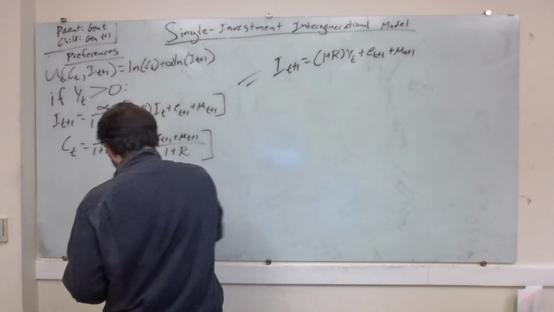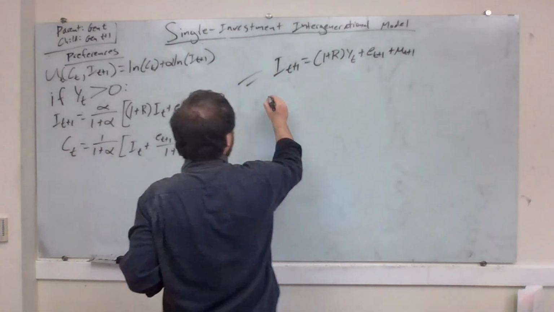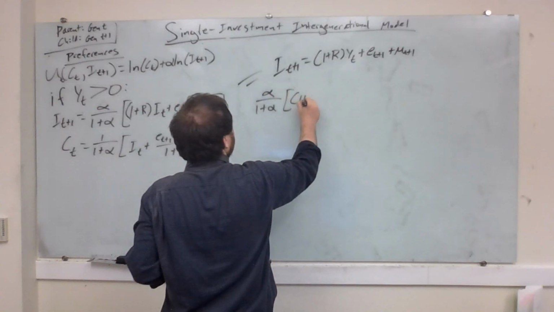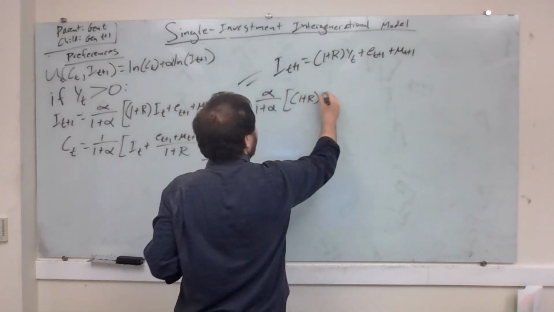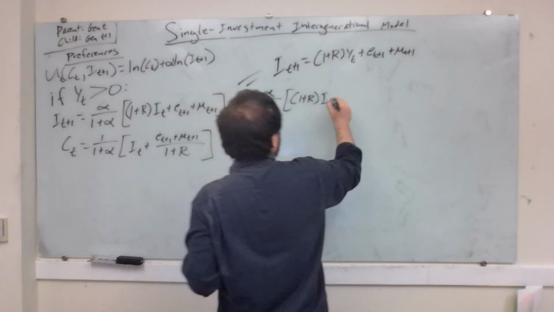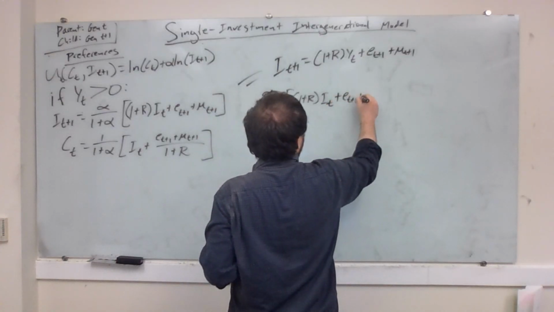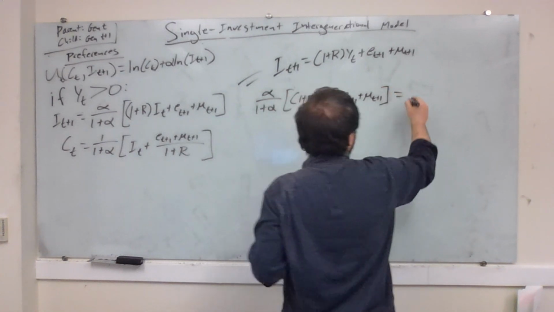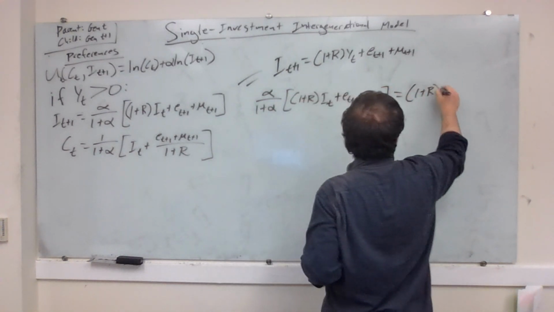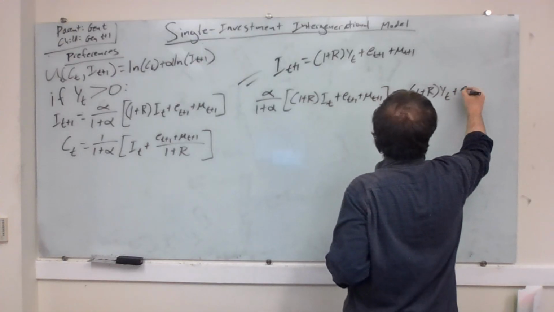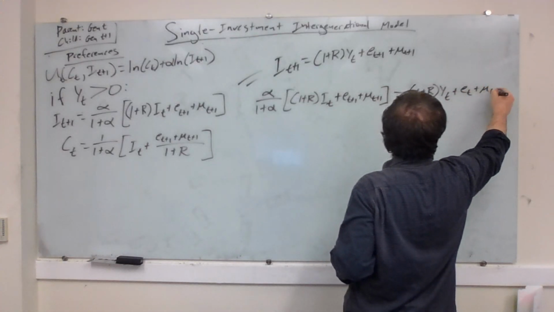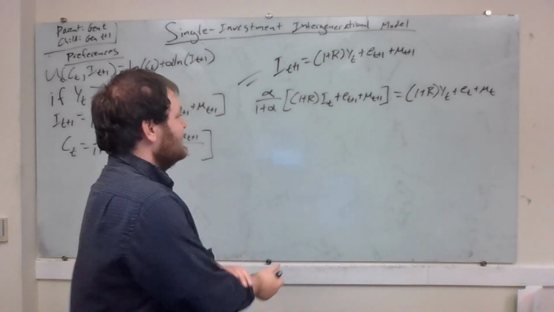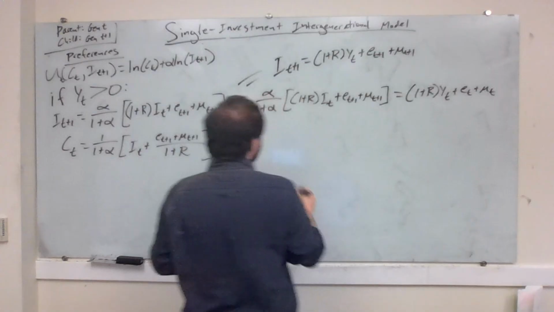So what this is going to mean is that this thing here, alpha over 1 plus alpha times 1 plus r it, plus et plus 1 plus mu t plus 1, has to equal 1 plus r yt plus et plus mu t. As a result, we're solving for yt, so we can subtract et plus mu t from both sides.